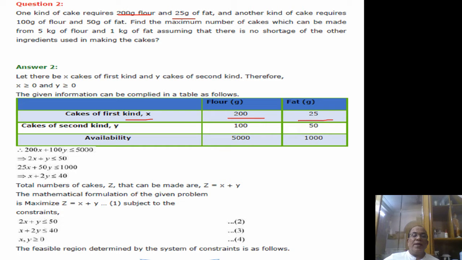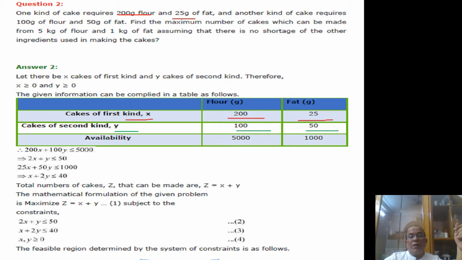Similarly, for the second kind of cake, that is we are making y cakes, 100 gram of flour and 50 gram of fat are required, but the availability is 5000 grams, because 5 kg of flour is available. That means 5000 grams are available to make the cakes, and 1 kg of fat is available, so 1000 grams of fat is available to make the cakes.